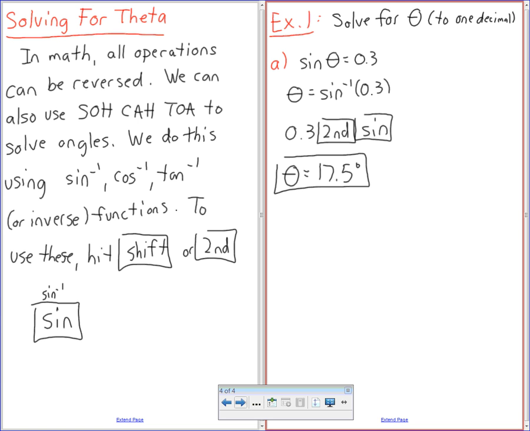Okay, while I'm doing this, if you guys can find the next two for me, which is going to be cos and tan. We'll say cos of theta is equal to 0.7, and we'll say tan of theta equals 10.1.